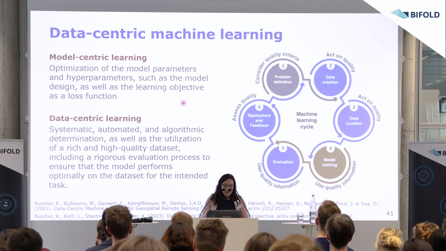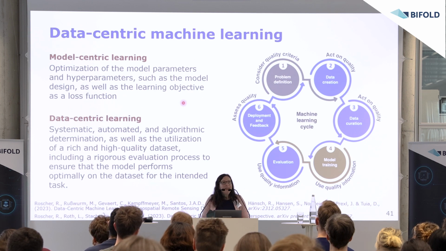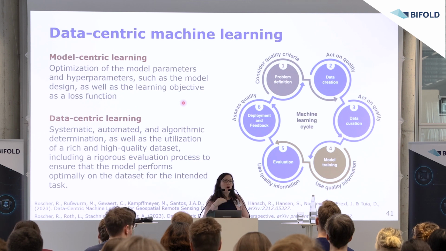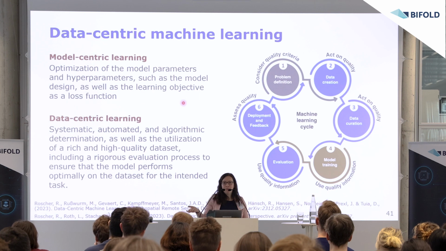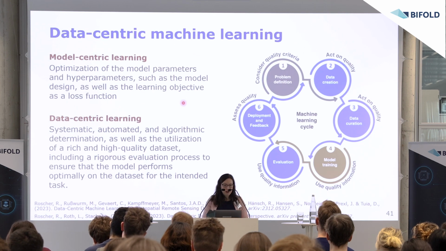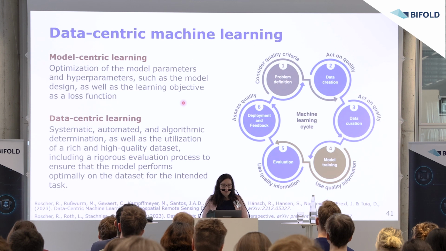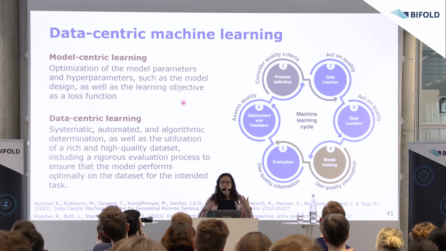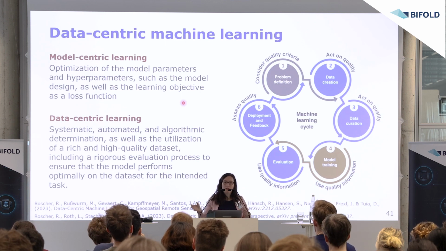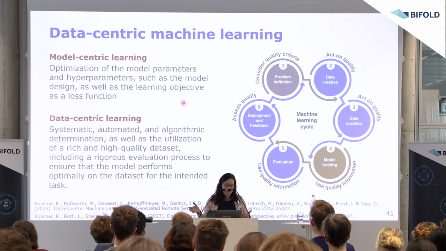That's why some colleagues and we think there's a need to shift the focus to a complementary learning paradigm, data-centric machine learning, which is about systematic, automatic, and algorithmic determination and utilization of a rich and high-quality data set, and also rigorous evaluation. This was also mentioned already yesterday.